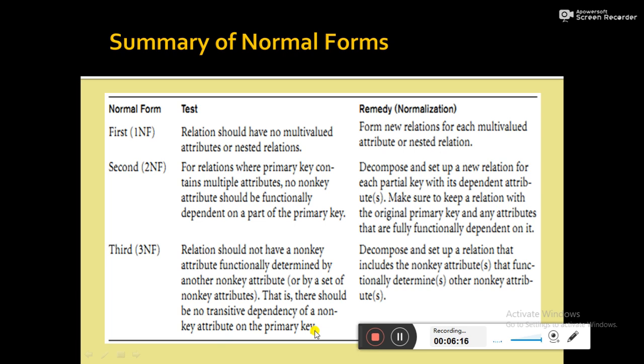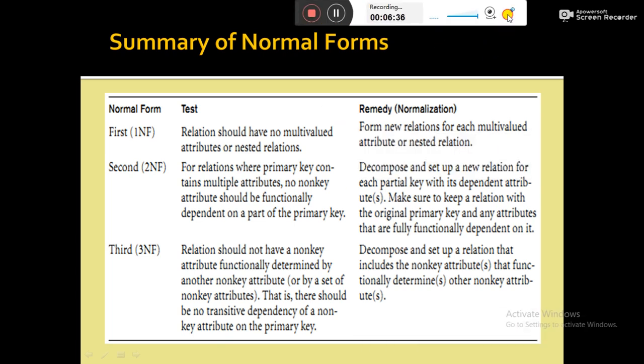Third: suppose a functional dependency X arrow A holds on a relation R. If X is a super key or A is a prime attribute, then also the relation is in 3NF. Just let me draw it.